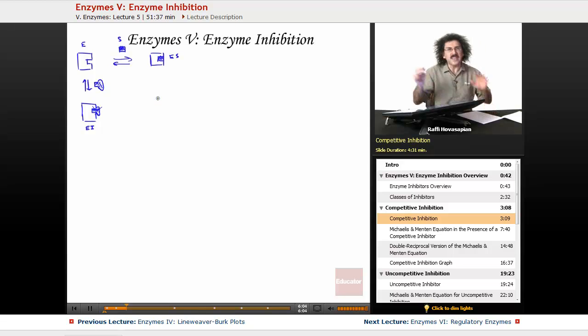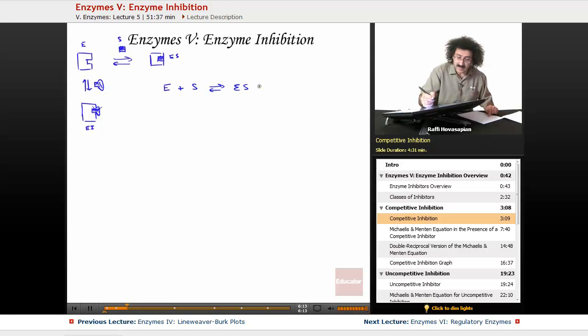In terms of the E's and S's that we were talking about before, it looks something like this. You have the enzyme plus the substrate. They can form the enzyme substrate complex that can go on to form enzyme plus product. Now the enzyme, instead of binding to the substrate, can also bind to the inhibitor, forming the enzyme inhibitor complex.